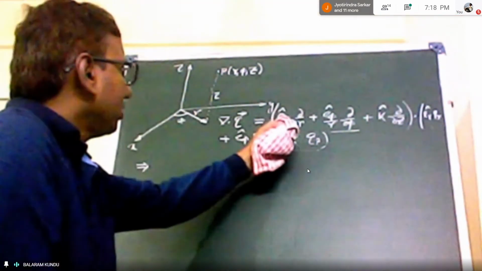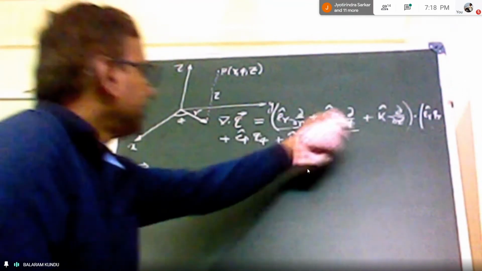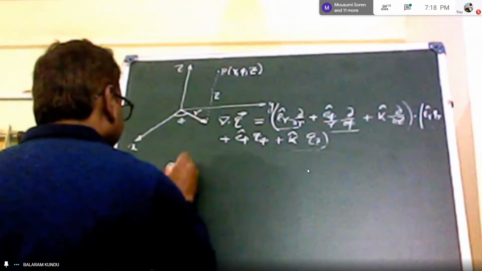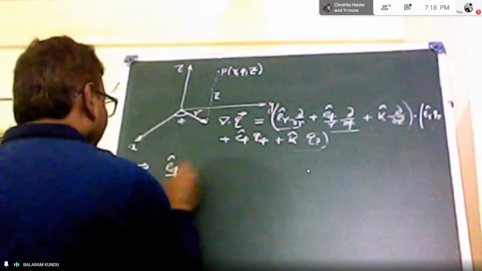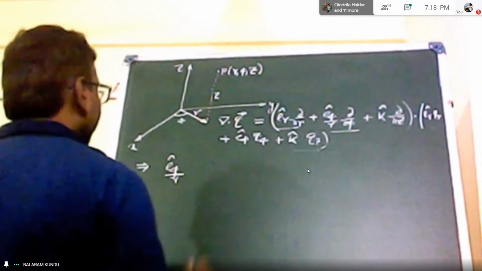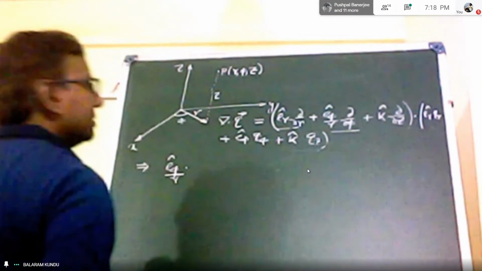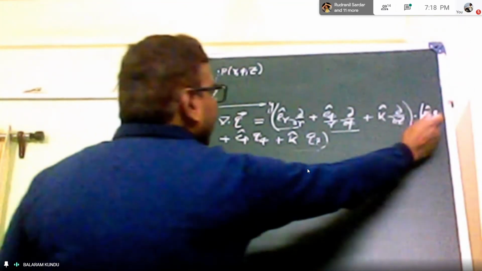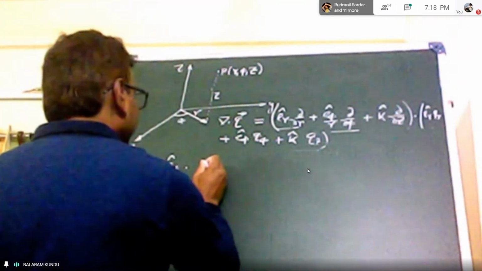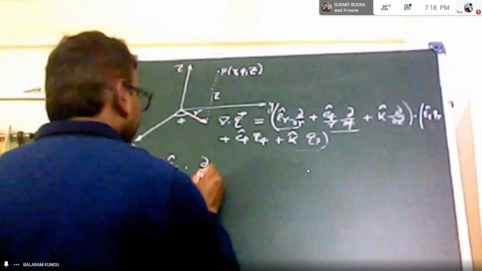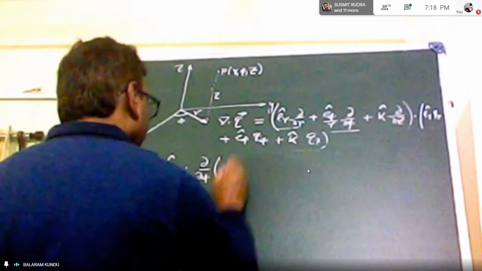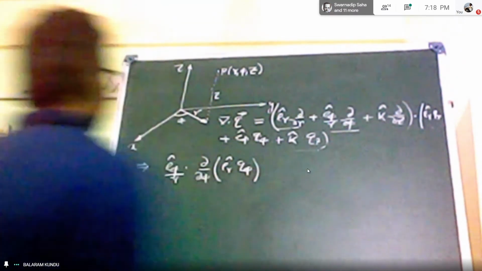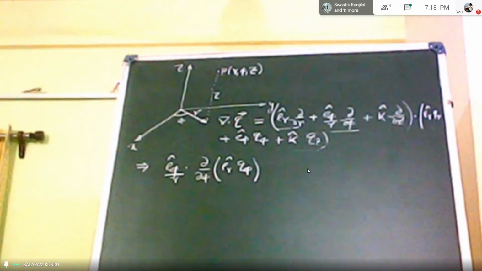Then the second term is there: e_phi by r dot, then which one? e_r q_r is there. So the differentiation del by del phi of e_r q_phi. This is your second term.